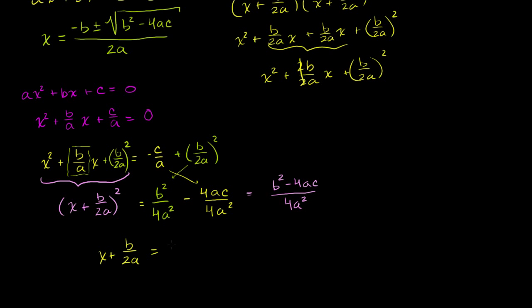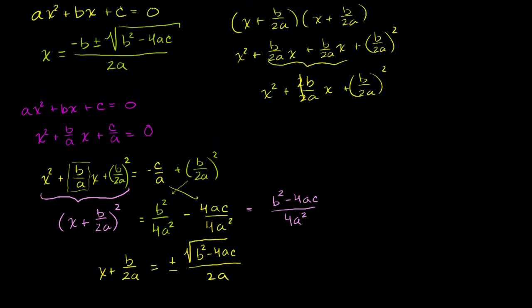So it's going to be plus or minus the square root of b squared minus 4ac over the square root of 4a squared. Now, what is the square root of 4a squared? It is 2a, right? 2a squared is 4a squared. So to go from here to here, I just took the square root of both sides of this equation.